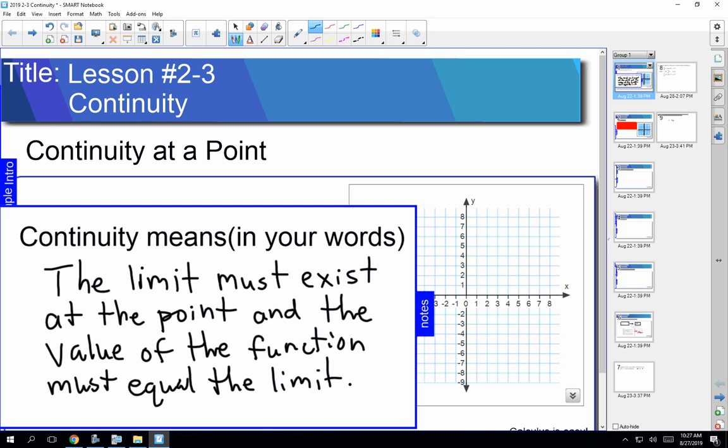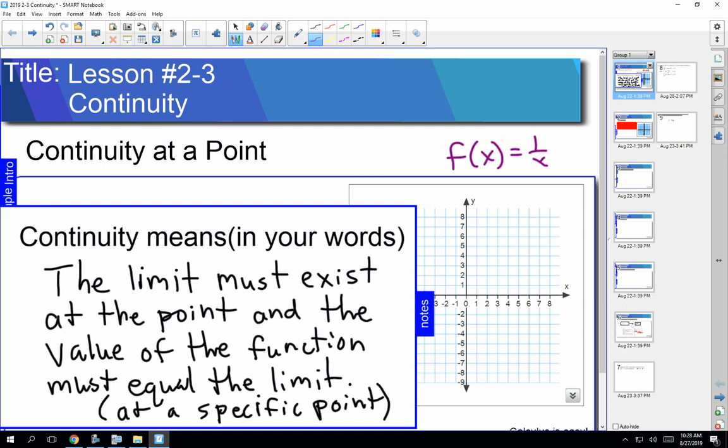Okay, so this is the definition of continuity at a specific point. And so if you think about those examples of, like the example f of x equals 1 over x, there's a branch here, there's another one over here.